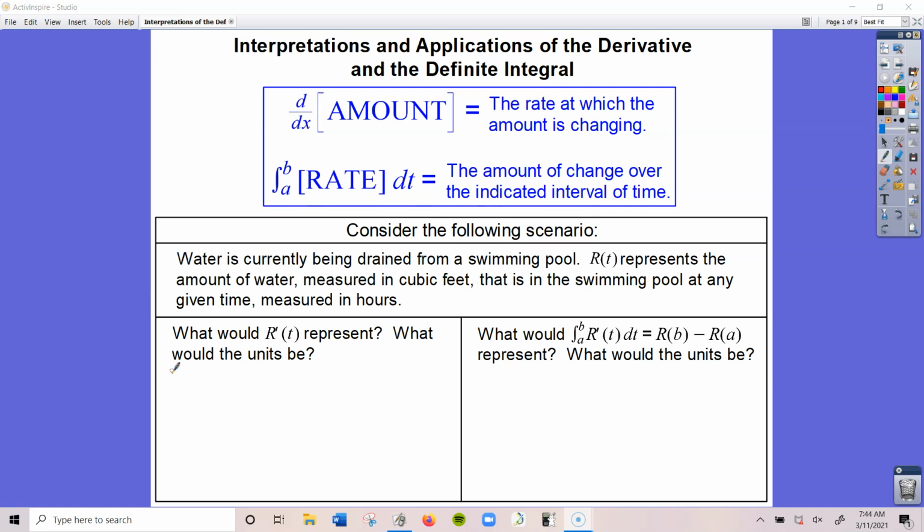If we find the derivative, remember the derivative of an amount represents the rate at which that amount is changing. So the derivative would be the rate at which the amount of water is changing.